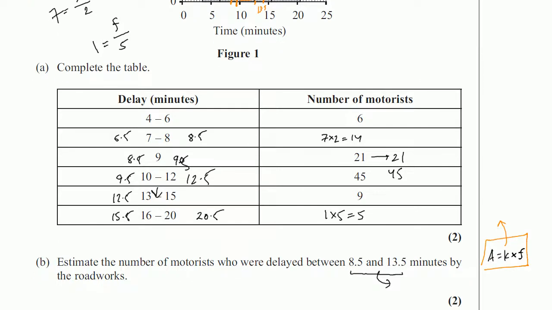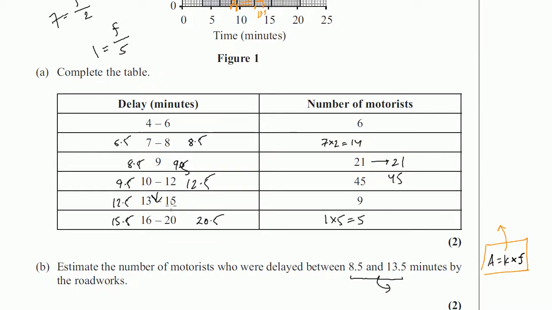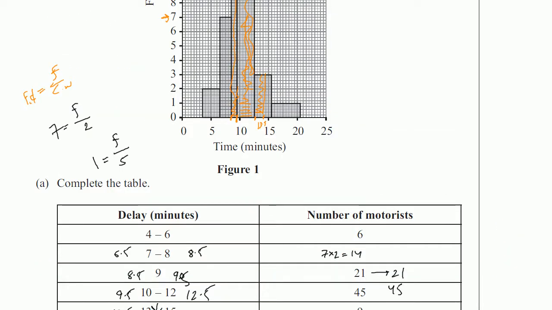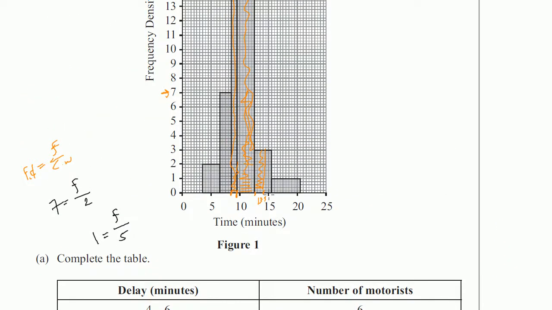Area is frequency, so we need this region, 12.5 to 13.5. If we know that area, we can add up and find the frequency up to that point. So from 12.5 up to 13.5, if you subtract, it is 1, and the height is 3, so the area is 3 times 1, which is 3.